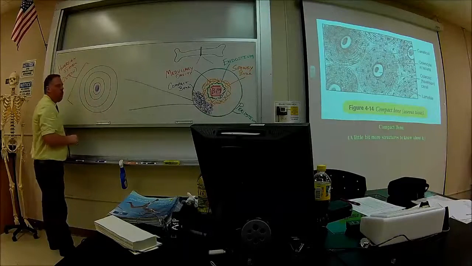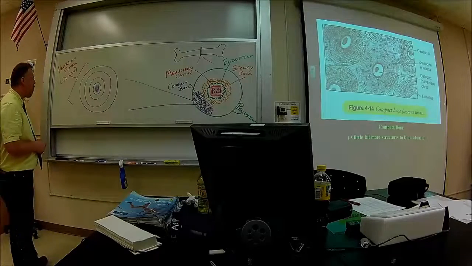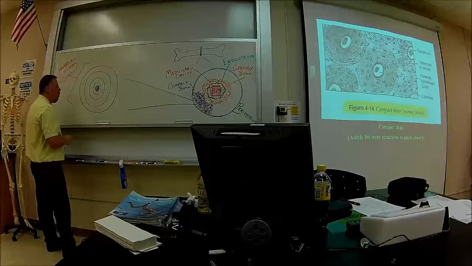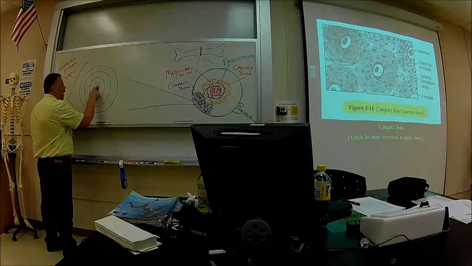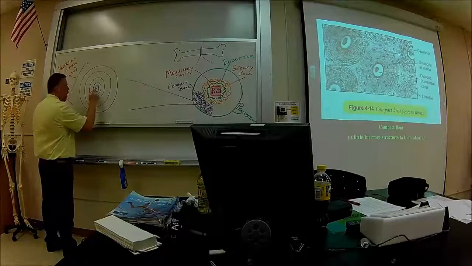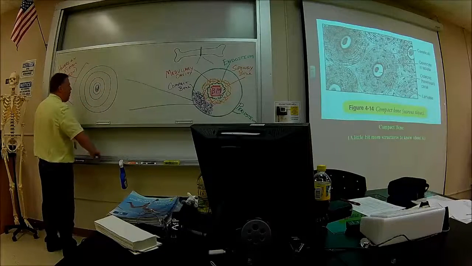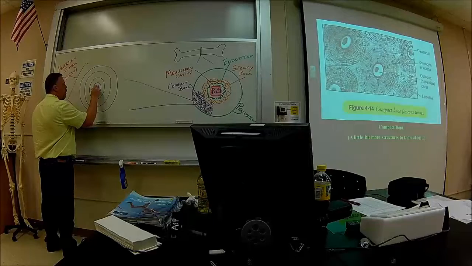In the center is called the Haversian canal. There you're going to have blood vessels. A Haversian artery and Haversian vein. So Haversian blood vessels are in there.